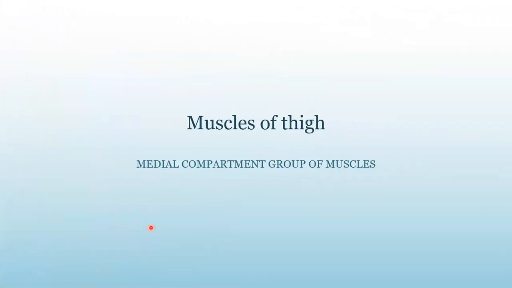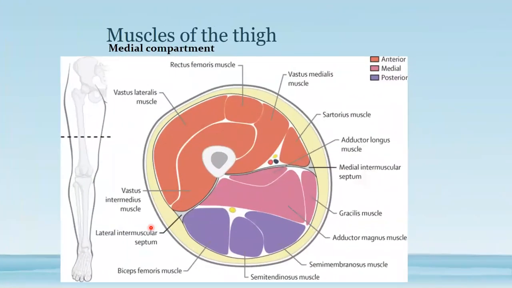So now we'll go to the medial compartment of the thigh. Number one is the adductor longus, and then you have the adductor magnus and gracilis muscles. What's not seen in this cross section is adductor brevis and obturator externus.